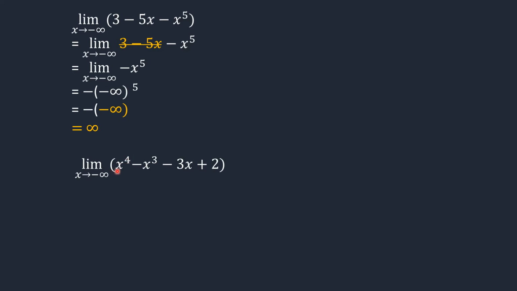Therefore, the limits of minus x cube minus 3x plus 2 as x approaches negative infinity become insignificant compared to the limit of x to the power 4 as x approaches negative infinity. Therefore, in the next step, we will omit these three terms.